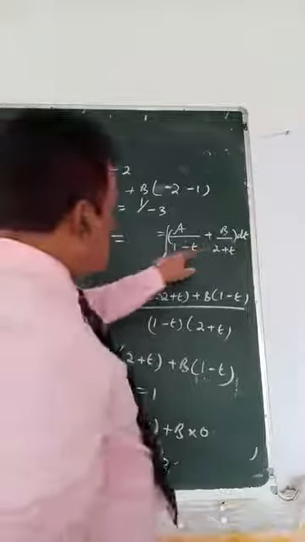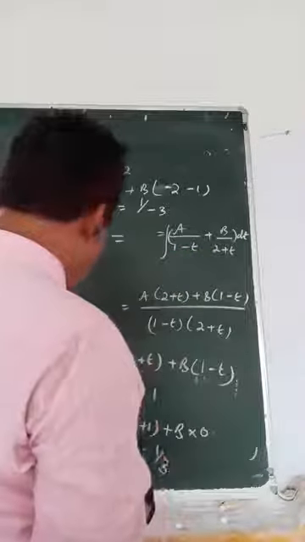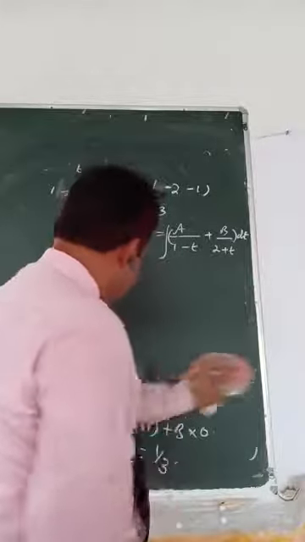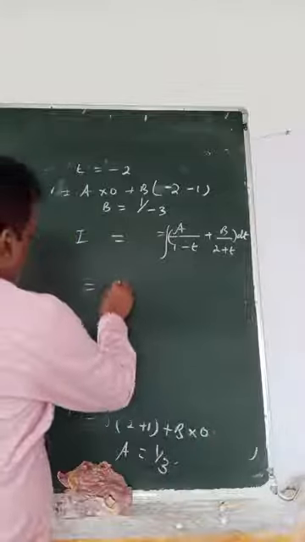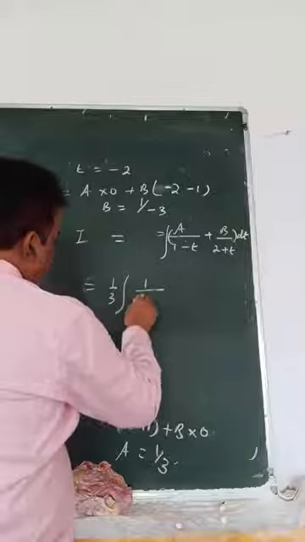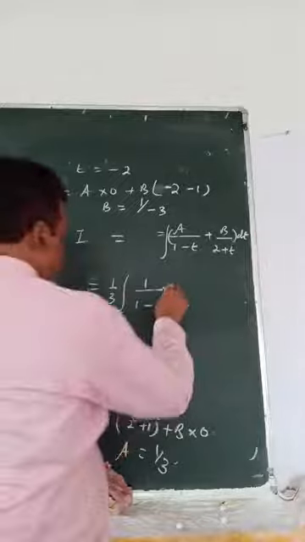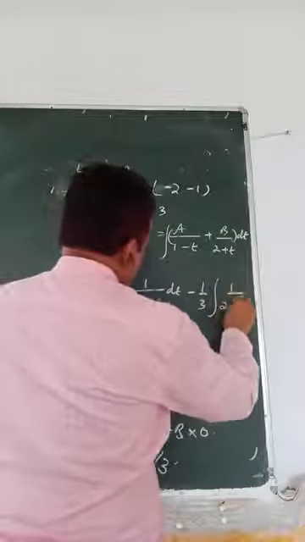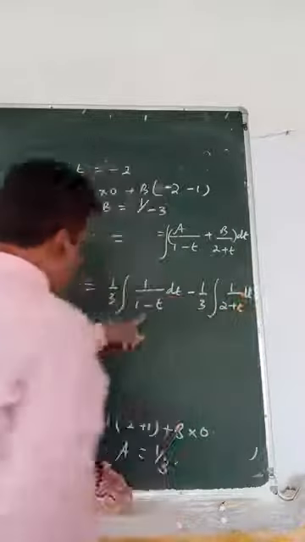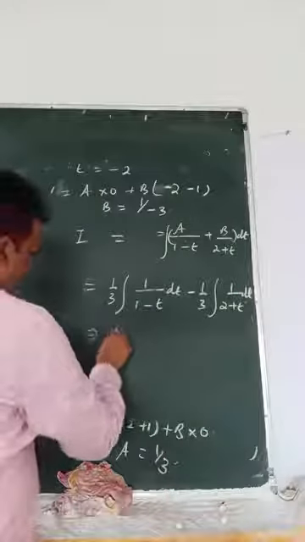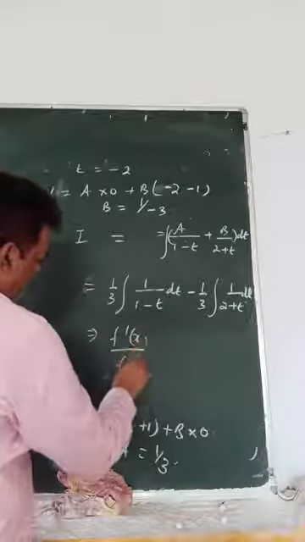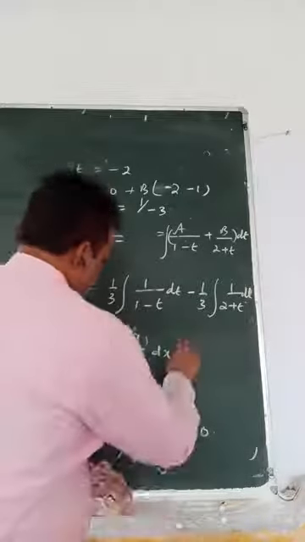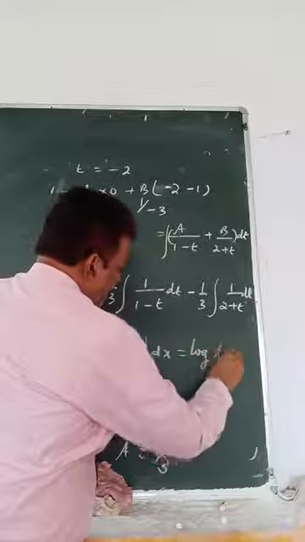Okay, now our I equals this one. Put the value of a. A is 1 by 3. So 1 by 3 outside, 1 by 1 minus t dt minus 1 by 3, 1 by 2 plus t dt. So here is the same formula, f dash x by fx, because it's derivative, log of fx.